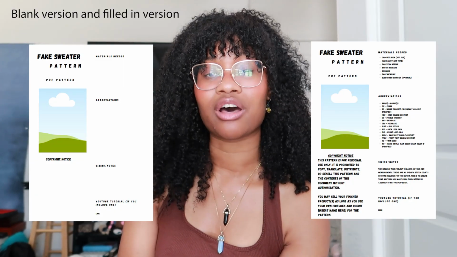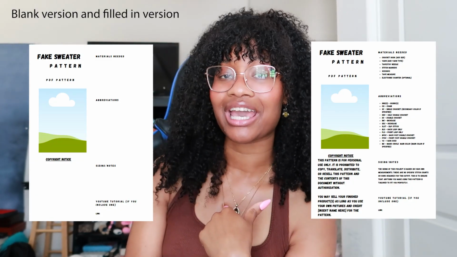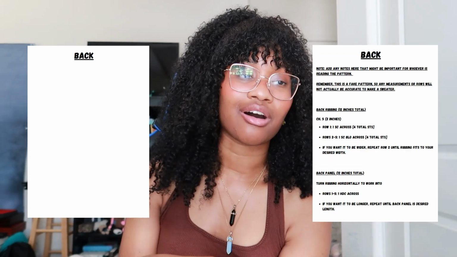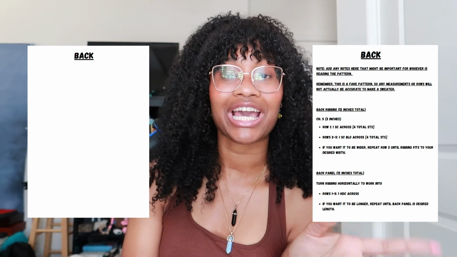But I'm not going to leave you guys there, okay? I'm going to give you guys a PDF example of my own pattern that I have written. I'm going to erase all of the actual pattern, but I'm going to leave a template. So like row this, row that, back ribbing, blah, blah, blah, so that you guys can really get a feel of what it should look like, how it should be. And I'm saying should loosely because there's no wrong or right way to write a pattern or to style it, to format it, anything.